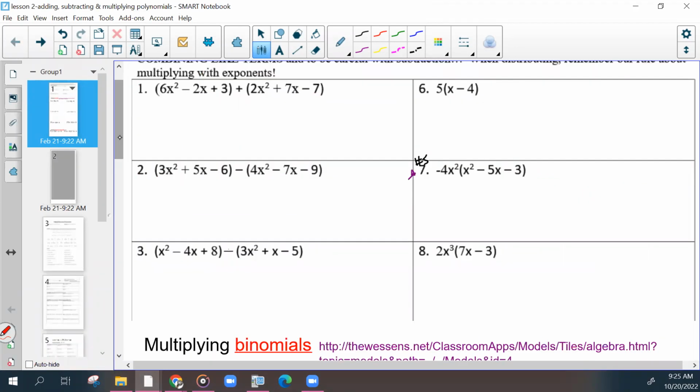Right, so find the adding, subtracting, multiplying polynomials, or your polynomial operation notes. If you need those, I do have extras.